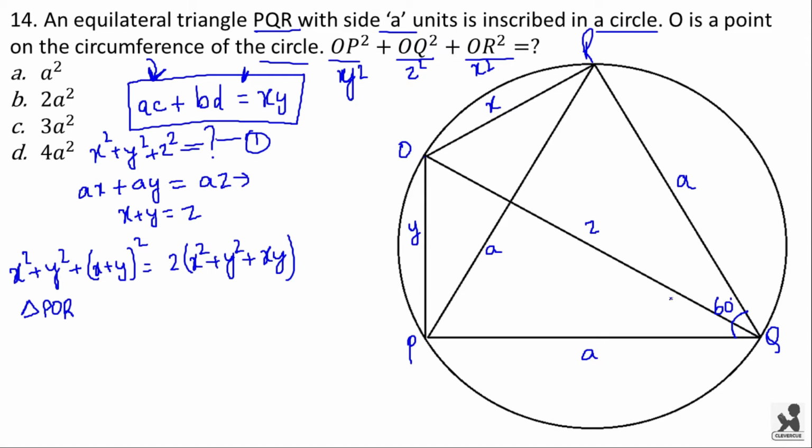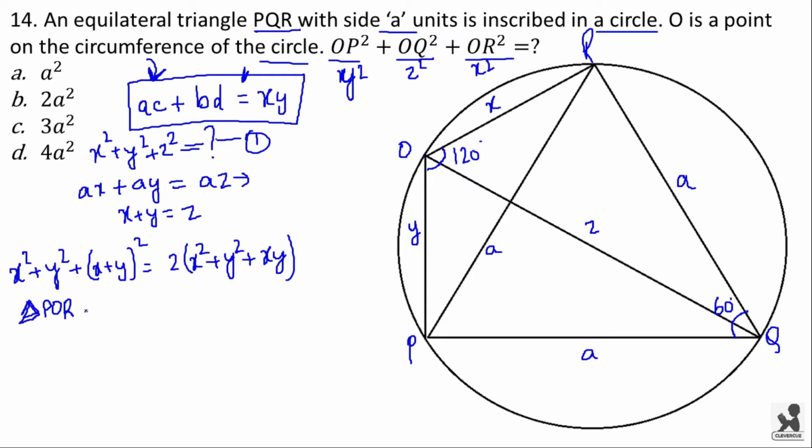And I have said earlier that the sum of the opposite angles in a cyclic quadrilateral will be 180 degrees. So the angle POR will be equal to 120 degrees.